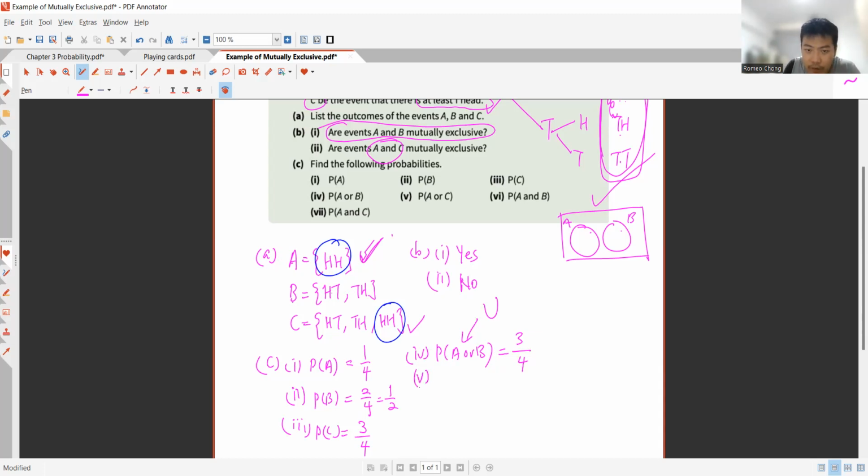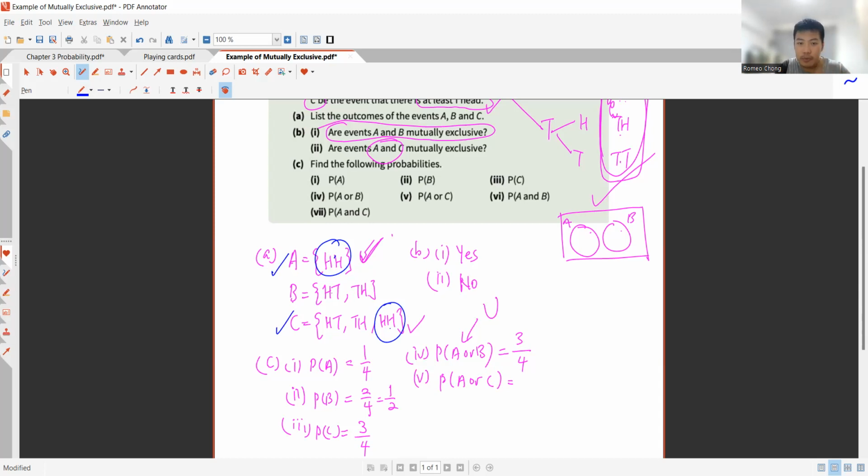And then question 5, the probability of A or C. If you look at A or C, which is the first line and the third line, you will notice that there is one common element. If you put A or C, we have to take the possible outcomes from A and also from C. But there is one common element, so you don't need to count it 2 times.